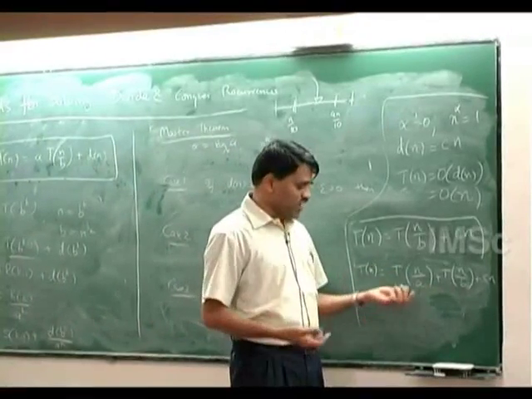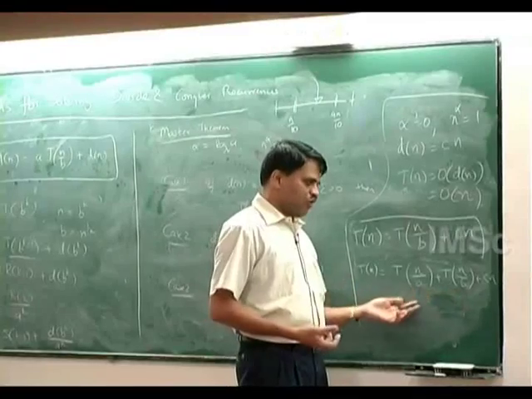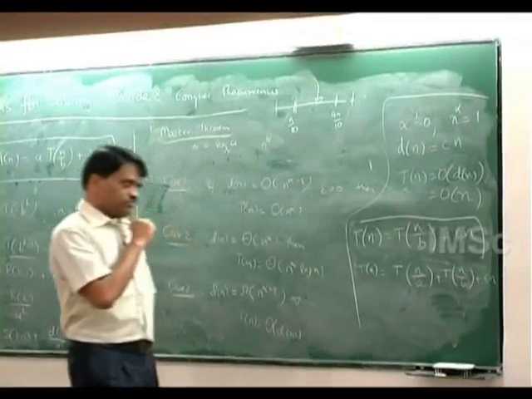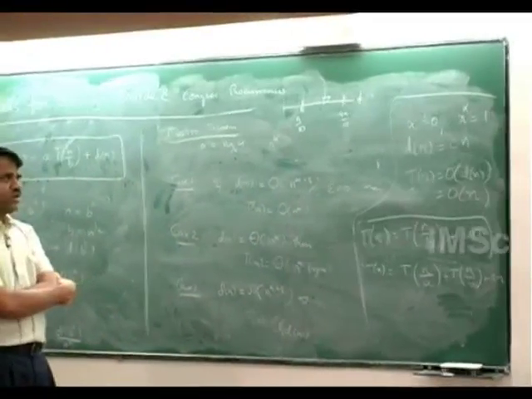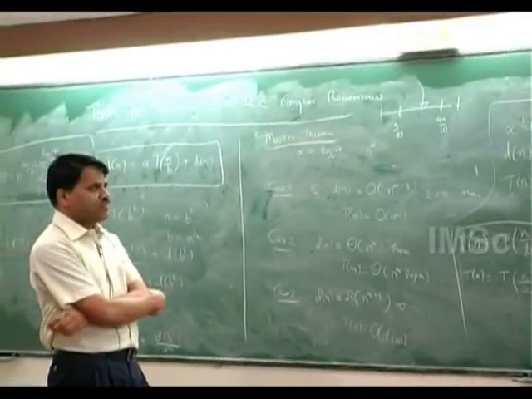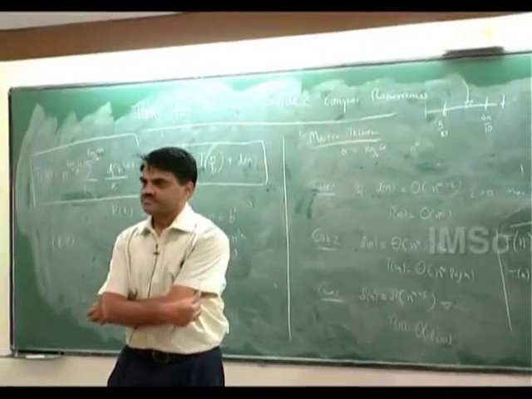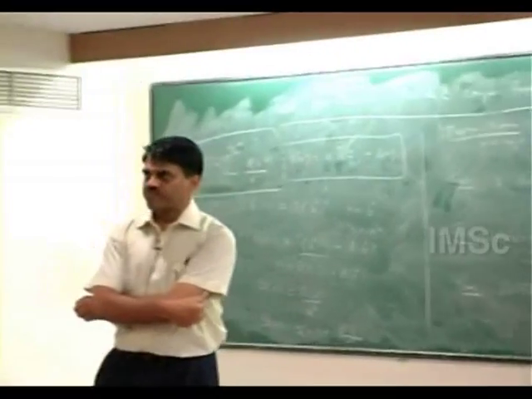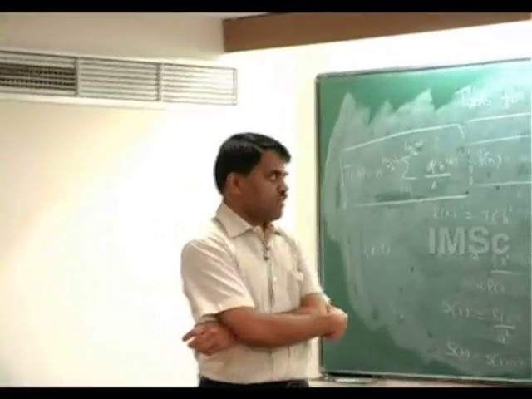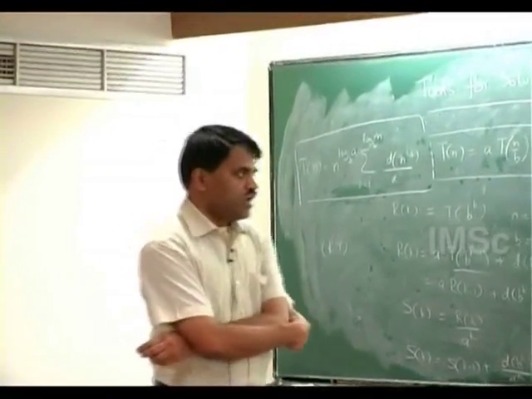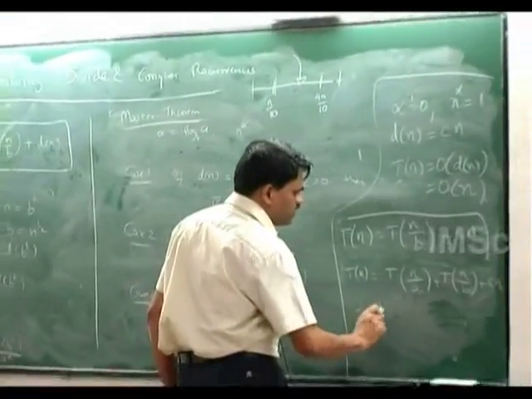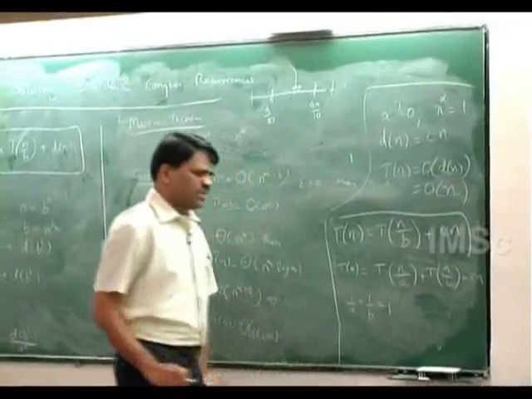But suppose I have a recurrence of this form. What conditions should I satisfy on the A and B to get linear time here? Suppose 1 by A plus 1 by B is equal to 1. Then what do you know?